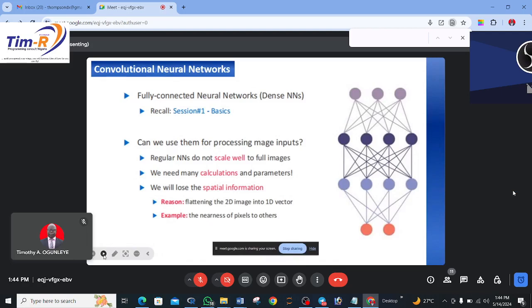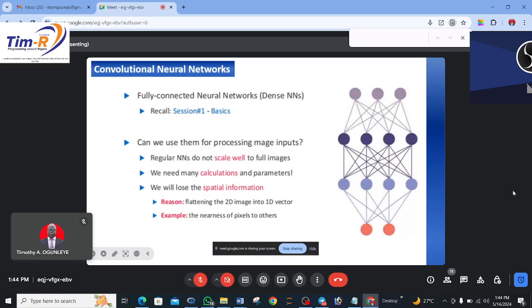And also, we will lose the spatial information. The reason is something called flattening. Flattening a 2D image into a 1D vector is not good, and it actually makes us lose the vital information of the feature we are trying to extract from a particular image.